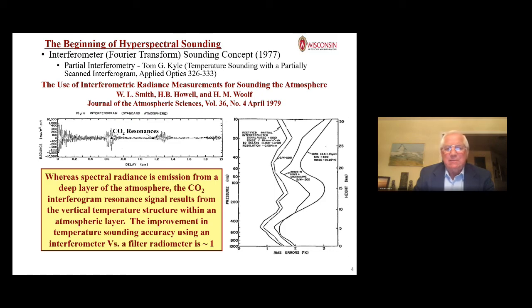And at that time, in this paper, we showed that if you retrieved atmospheric soundings from these data, you would get a temperature accuracy which was almost twice as good as we could get from the lower resolution data. We went from like 2 to 3 degrees to like 1 to 1.5 degrees in terms of atmospheric temperature.